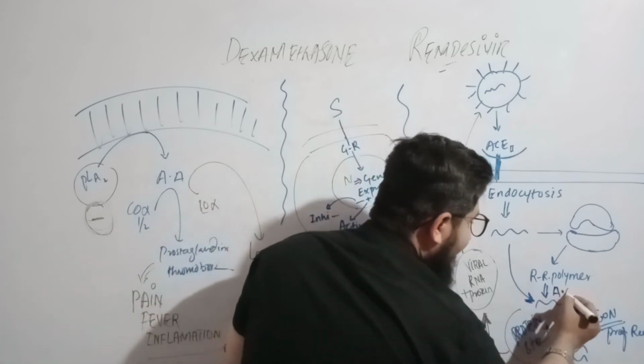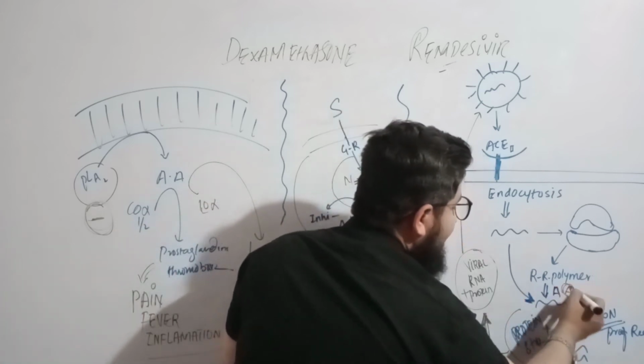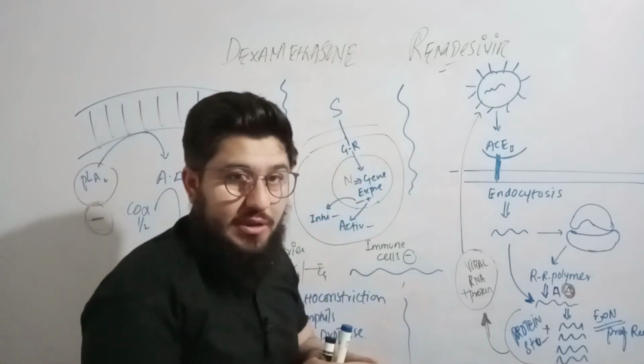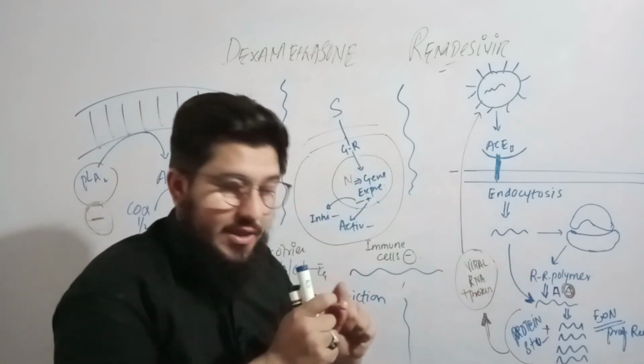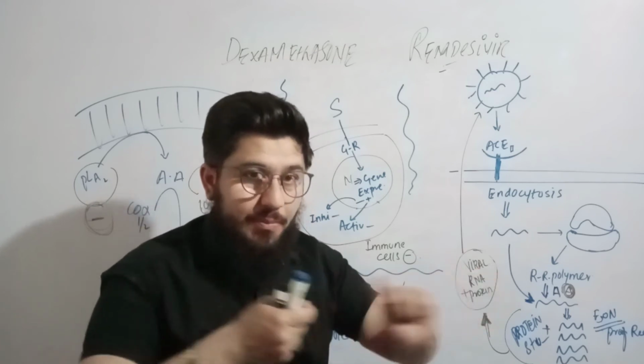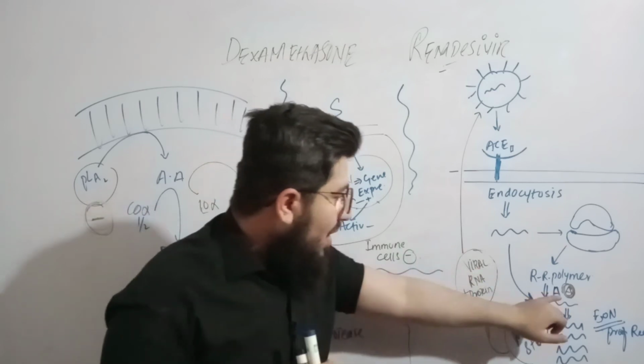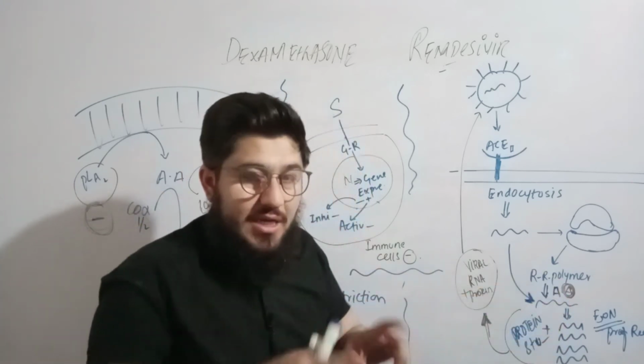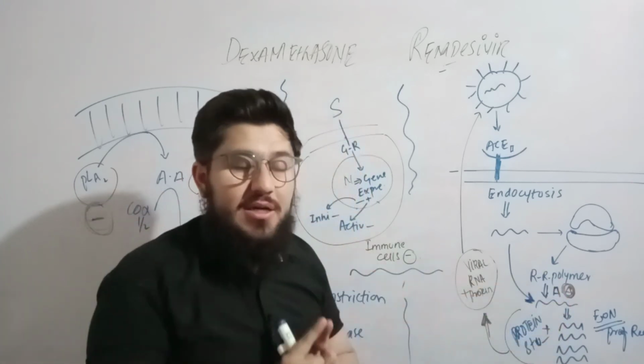And here we have adenine, that is actually the remdesivir. I'm encircling this. So now these both are responsible to come and bind to the remaining nucleotides to complete the RNA synthesis. Now what remdesivir does is it occupies the place of this adenosine, because these both have the same structure.